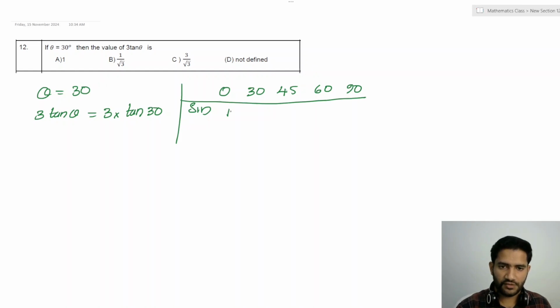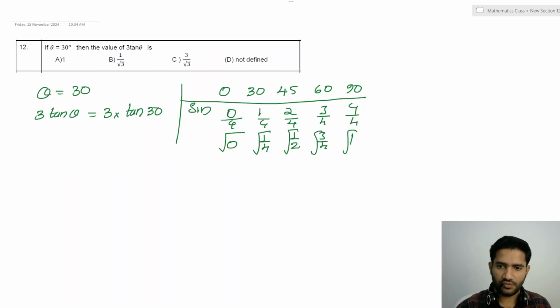Just write 0, 1, 2, 3, 4, and divide each by 4. So we get 0, 1 by 4, 1 by 2, 3 by 4, and 1. Then we take the square root.